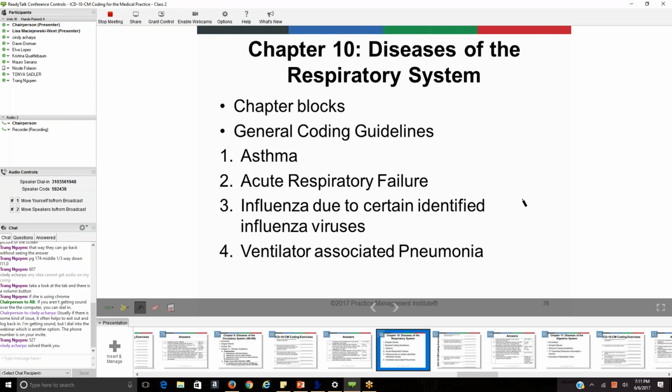The codes in categories J44 and J45 distinguish between uncomplicated cases and those in acute exacerbation. An acute exacerbation is a worsening or decompensation of a chronic condition, and it is not equivalent to an infection superimposed on a chronic condition, although the exacerbation can be triggered by the infection. Okay?